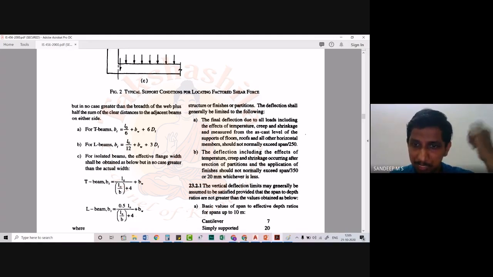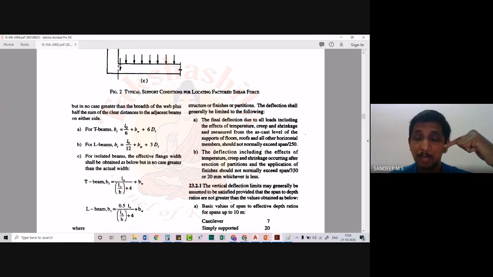Once that is the case, after erection of partitions and the application of finishes, it should not exceed span by 350 or 20 mm, whichever is less. You can calculate the value of span by 350 and you also have to compare with 20 mm.